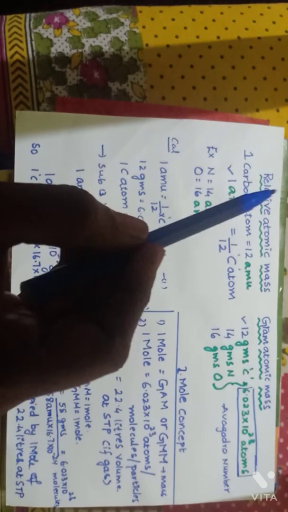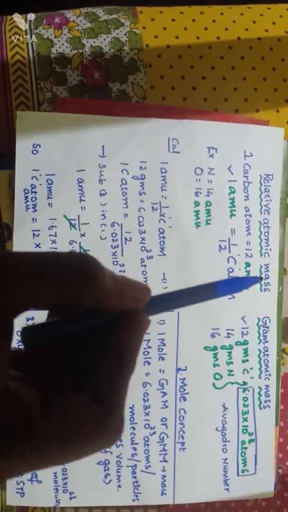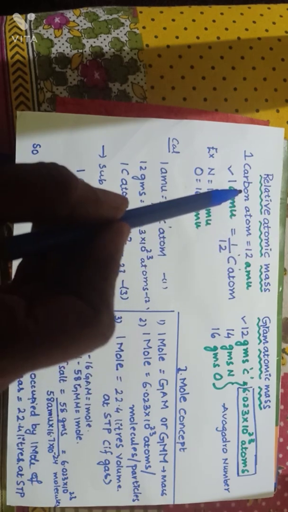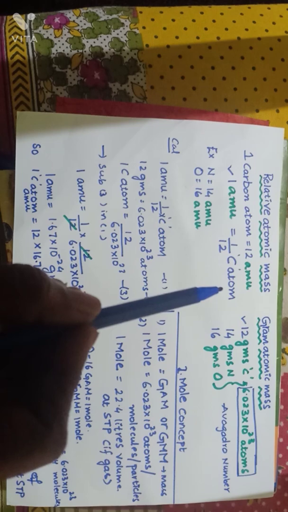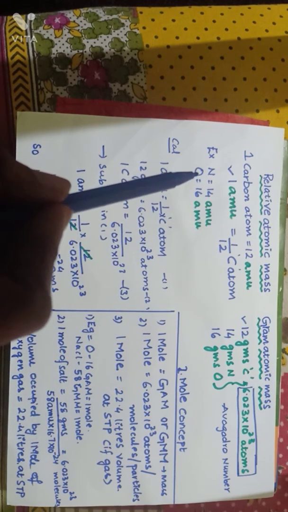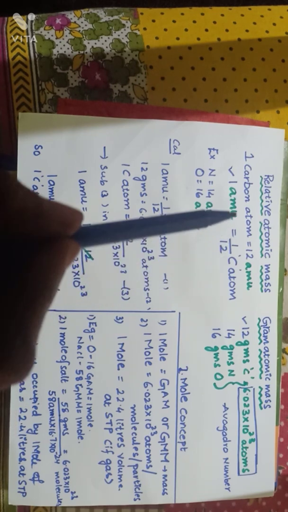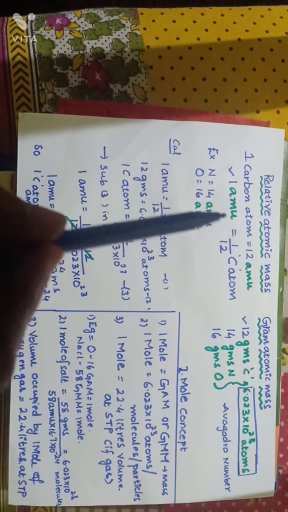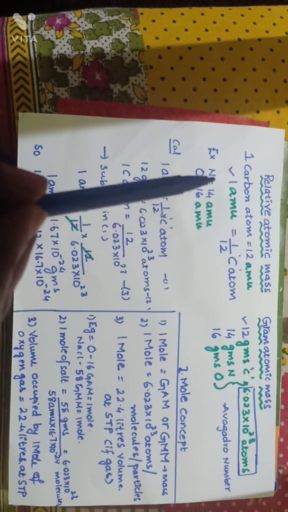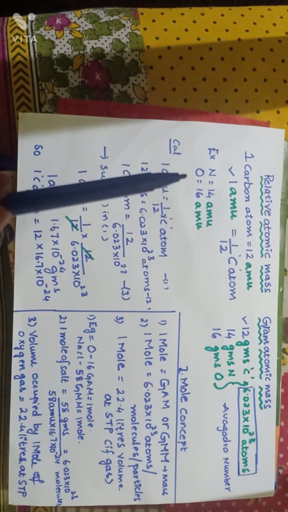So as I told you, relative atomic mass is the atomic mass we get by comparing with 1 by 12th part of a carbon atom. Nitrogen is 14 atomic mass units, meaning 14 times 1 atomic mass unit. 16 atomic mass units is oxygen.